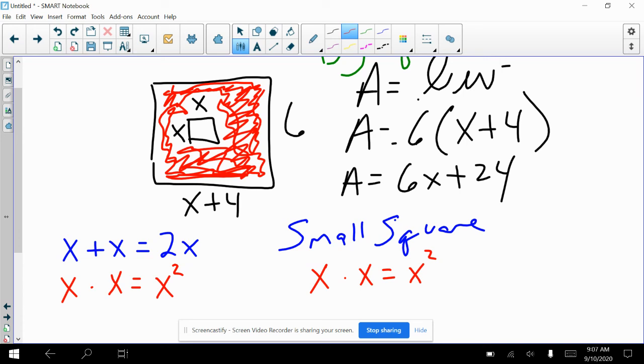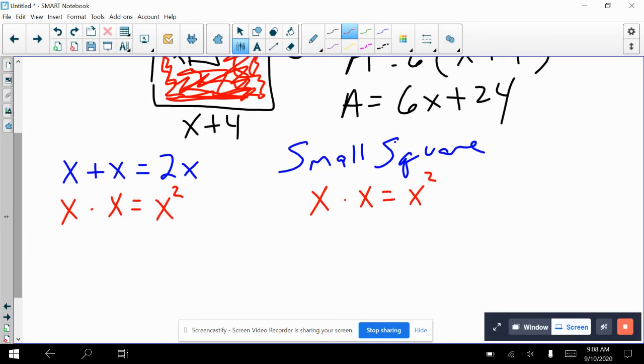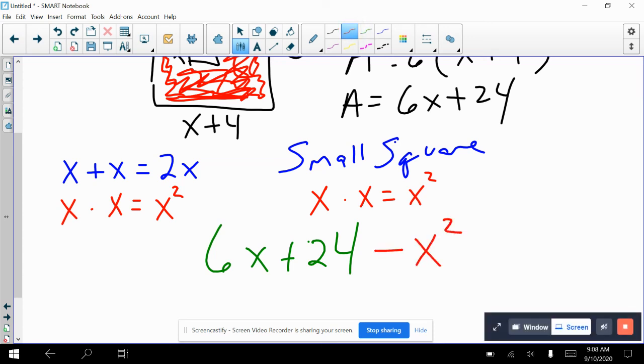Now, it's sitting on top of that big piece of paper. So what are we going to do mathematically? Anybody know? Well, if I want to find the red area, I'm going to take my big square, yes, which is 6x plus 24, and subtract the small square out.